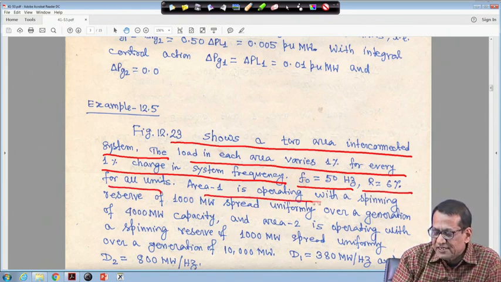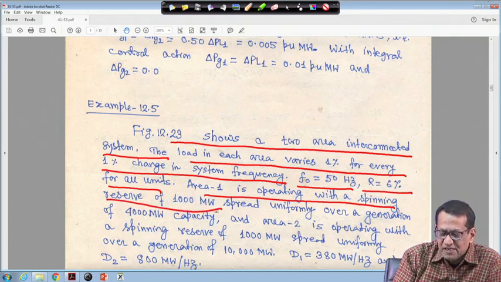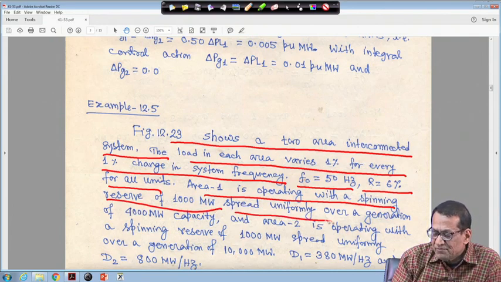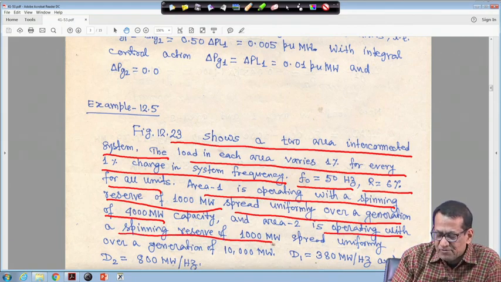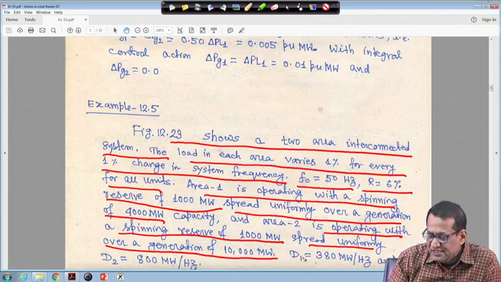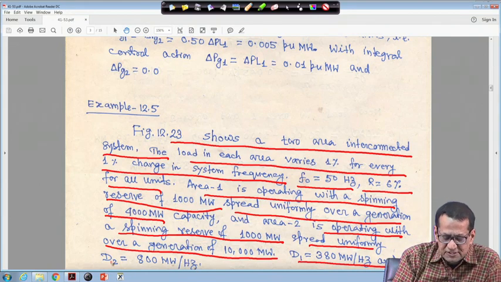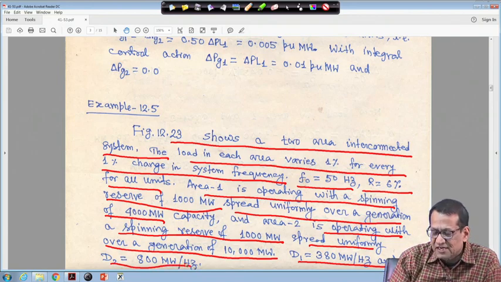Area 1 is operating with a spinning reserve of 1000 megawatt spread uniformly over a generation of 4000 megawatt capacity, and area 2 is operating with a spinning reserve of 1000 megawatt spread uniformly over a generation of 10,000 megawatt. D1 is given as 380 megawatt per hertz and D2 is equal to 800 megawatt per hertz, right.